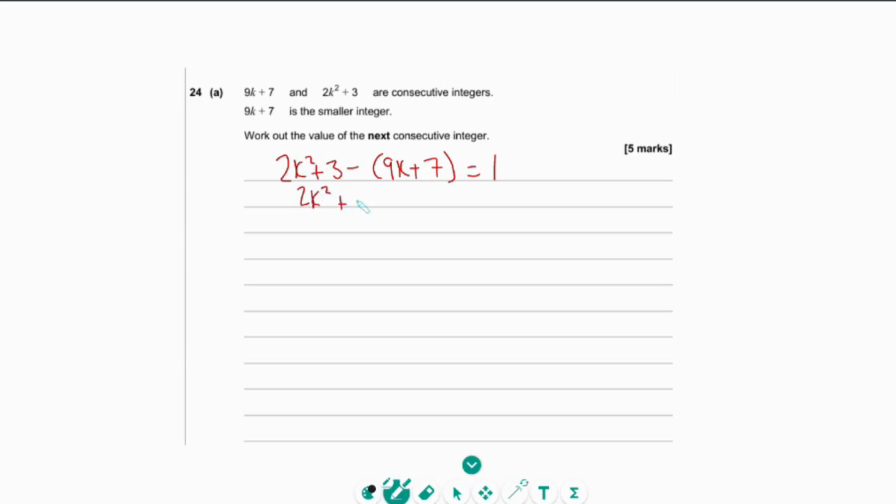That simplifies to a quadratic equation. I want to make it equal to 0 so I can find the value of k. You might have a different way than me to work this out.